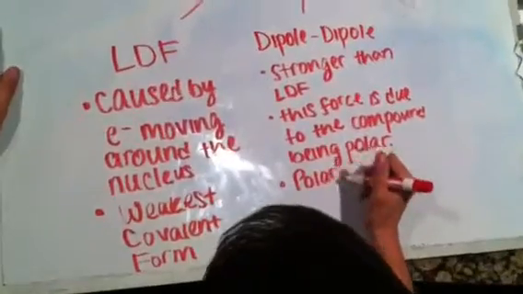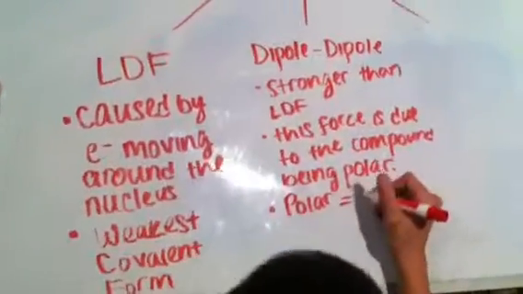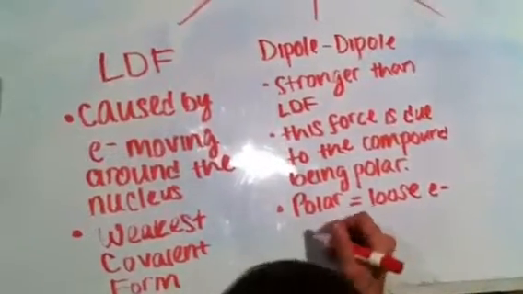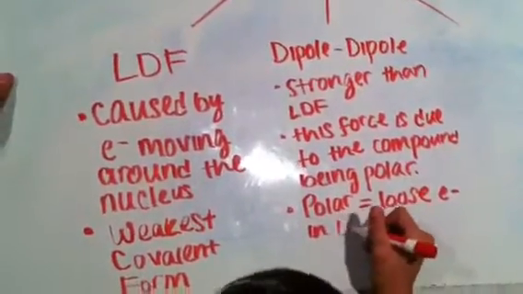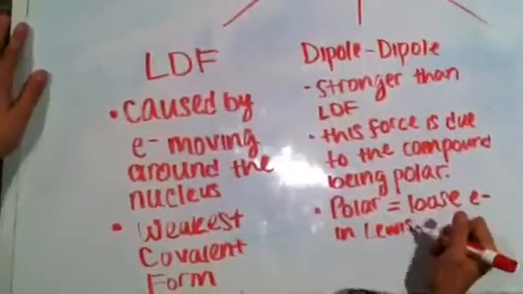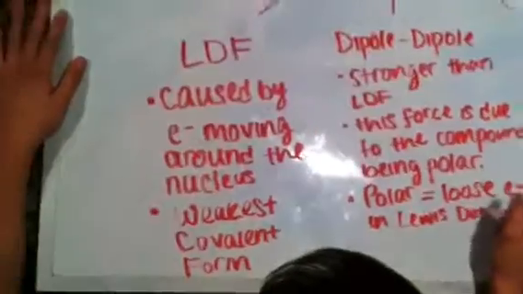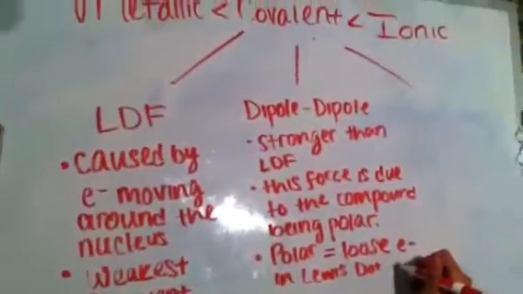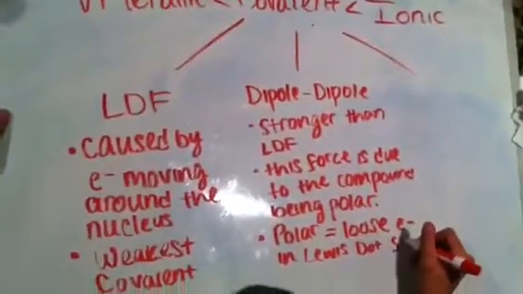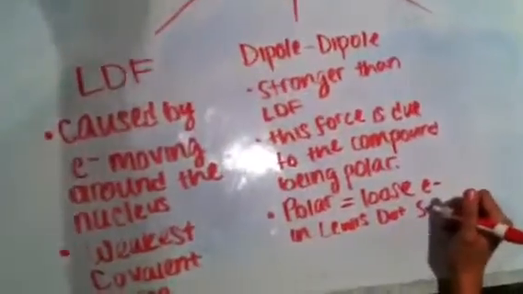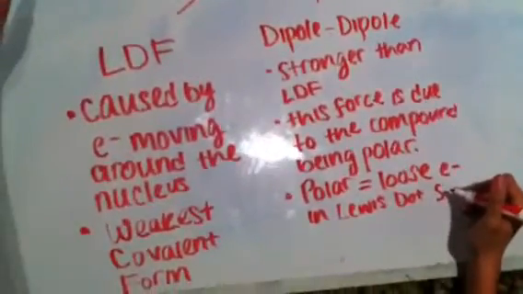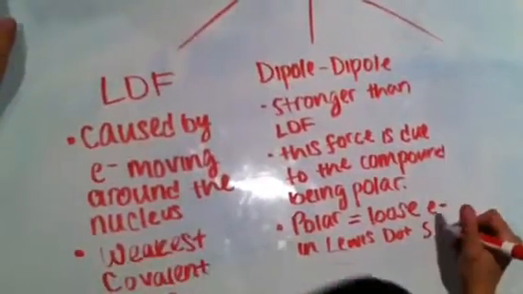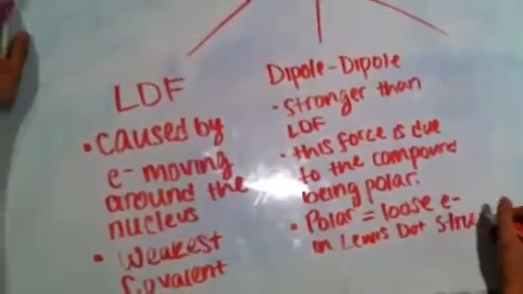Now, for those of you little weasels that don't know what polar is, it's when the compound has either loose electrons in, per se, a Lewis dot structure, or if it is asymmetrical in means of the elements around the center.